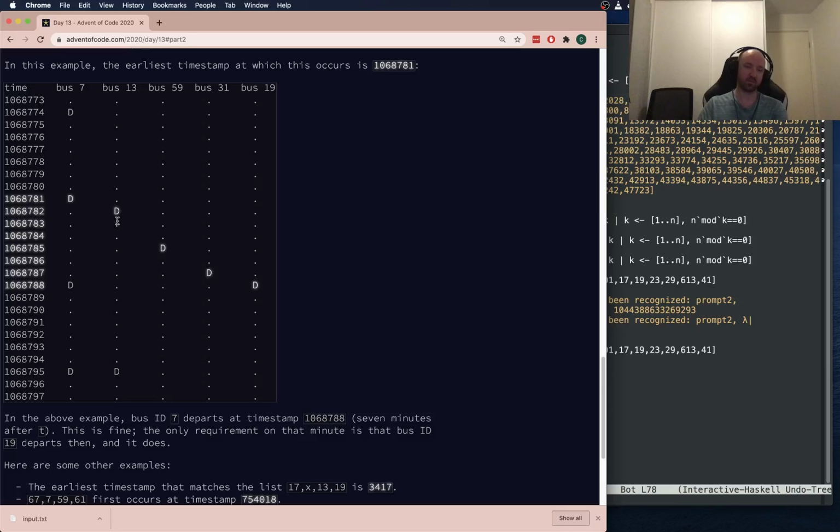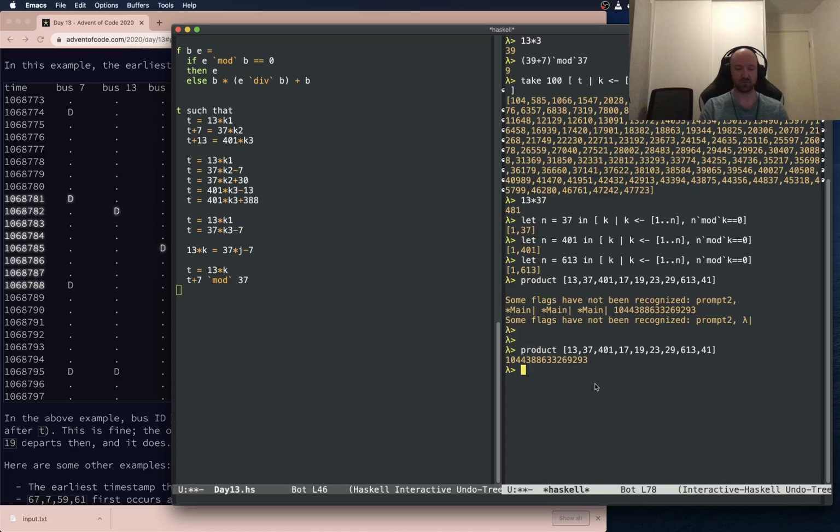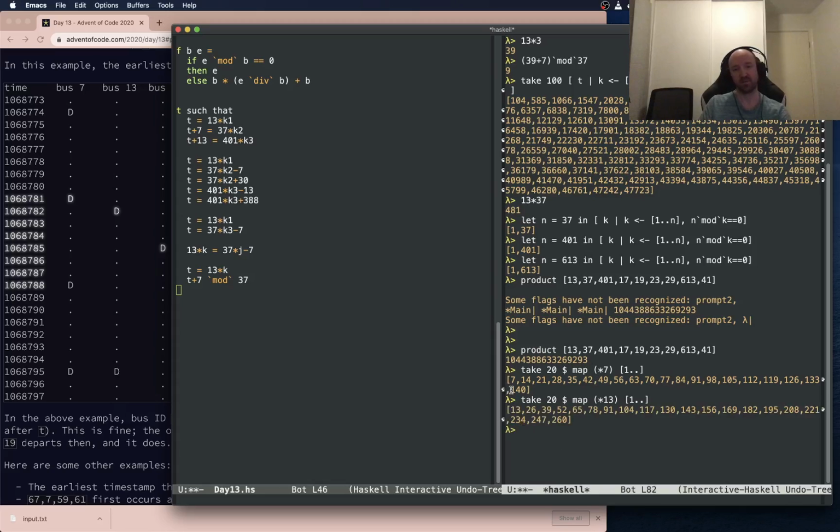So they're at the same time, and then the next one will be a minute before, because you've got the multiples of 7 and the multiples of 13.